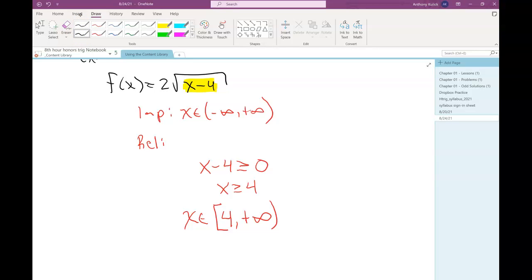You might have also recognized this as the square root function, or remembered a rule that we use to find the domains of square root functions from algebra 2, but that required memorization, and I prefer to start conceptualizing things so that we're less reliant on memorizing rules and a little more reliant on using our math knowledge.